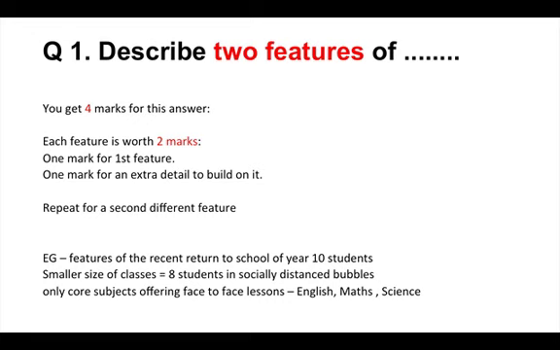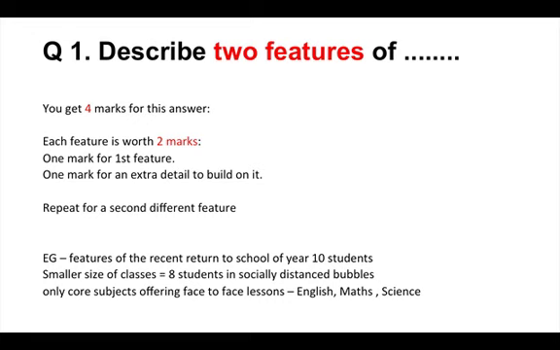Okay, so I'm going to give you an example of this with something that will be really familiar for you. Let's imagine that the question says, describe 2 features of the recent return to school for Year 10 students. I might write in a 4-mark answer. One feature is the smaller size of classes. Students now find themselves returning to a classroom of only 8 students, all arranged in socially distanced bubbles.